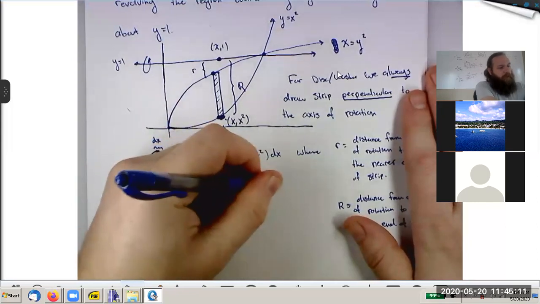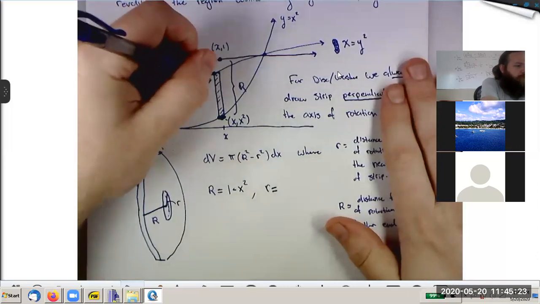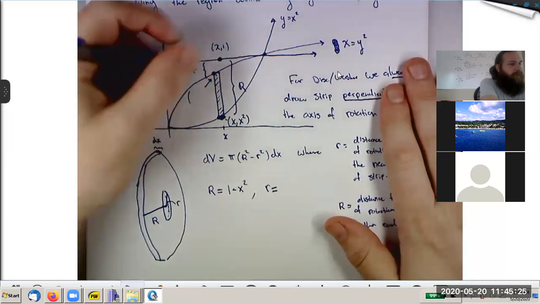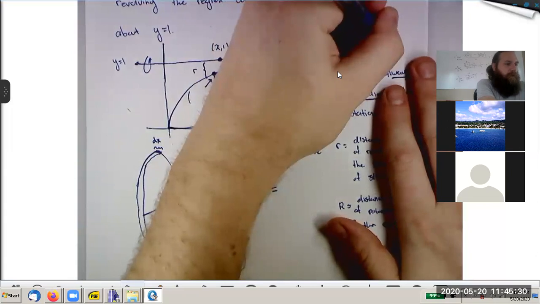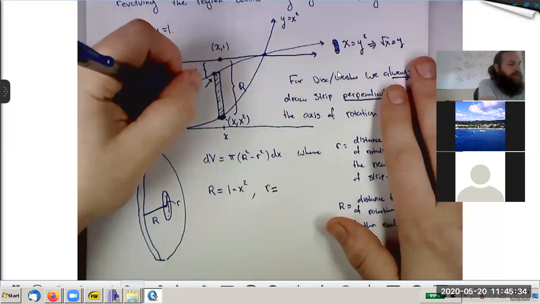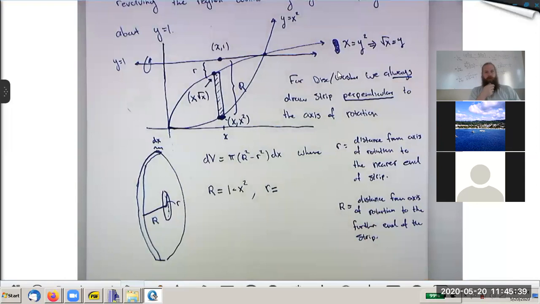And little r? This is going to be a little bit tougher. I'm a little short on space, but this point right here at the top of the strip, if this is along the curve x equals y squared, that means that the square root of x is equal to y. So this is the point x comma square root of x. So the distance little r is going to be 1 minus the square root of x.